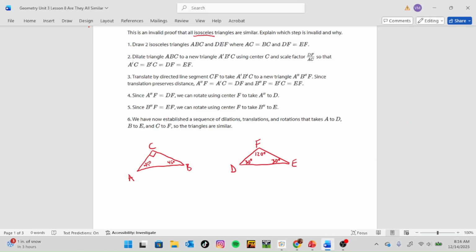That way we end up with A prime C equals B prime C, also equal to DF and EF. So let's change this to A prime and B prime. And let's just say all the sides are now the same length. They're all a length of 5 units.